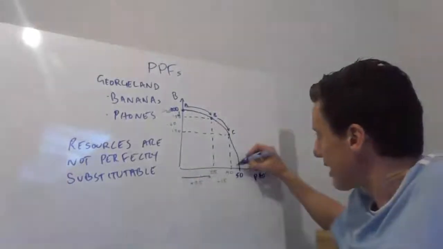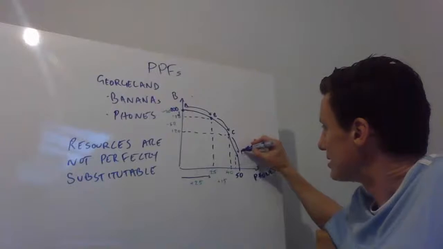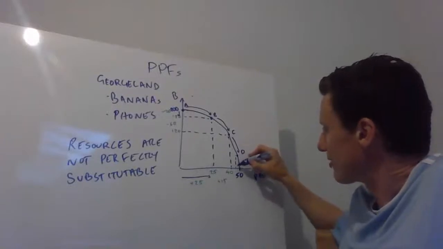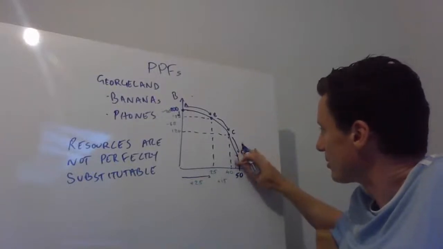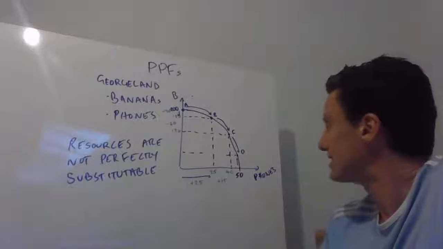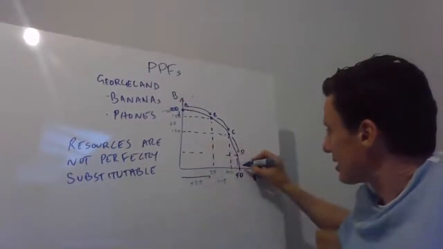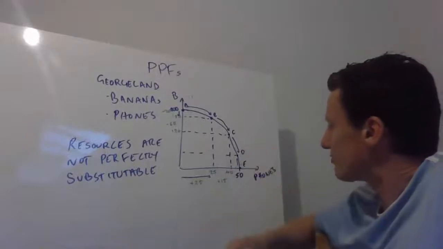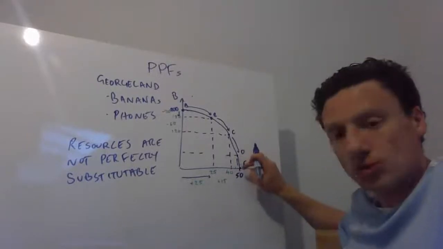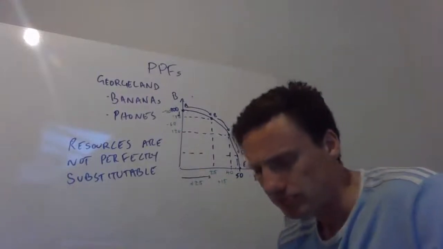And if you do it again, if you go another 25% to point D, you'll notice that we're only gaining very, very few phones now. In fact, it's something like only about 8 phones, but we're losing an awful lot. And if we did it again, from D to E, we would gain even fewer phones, probably only 1 or 2 at that point, and we'd lose a whole lot more bananas.